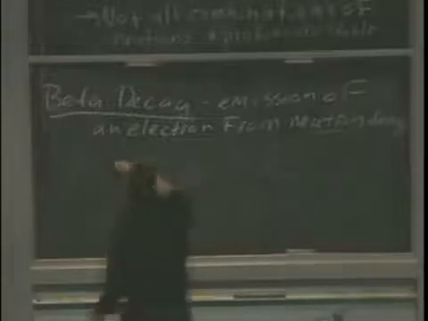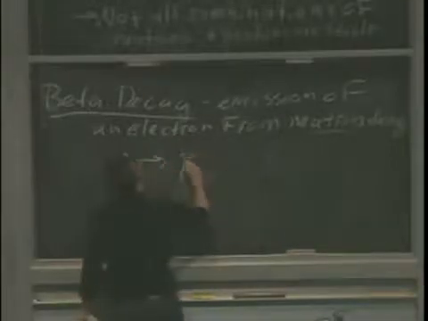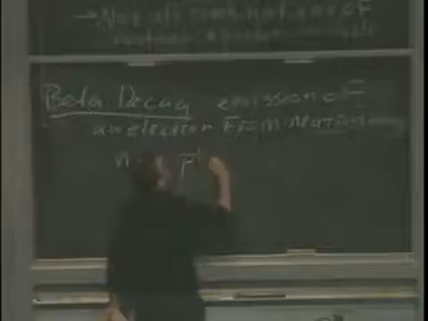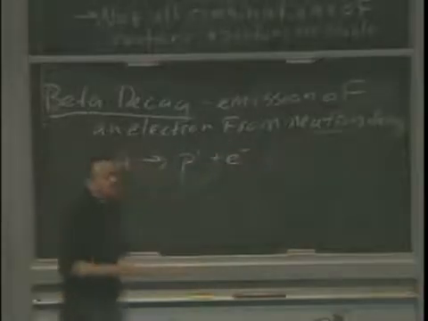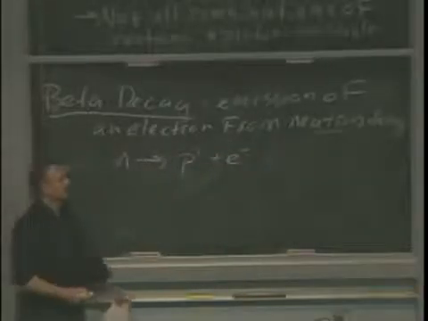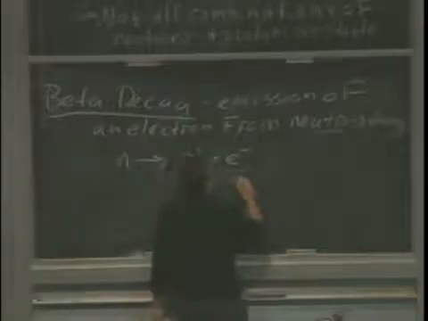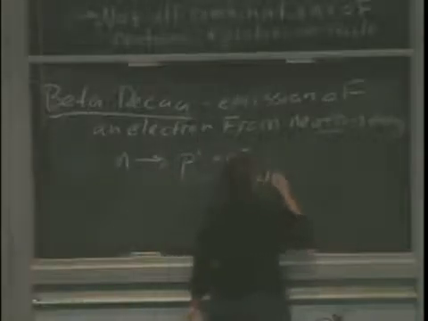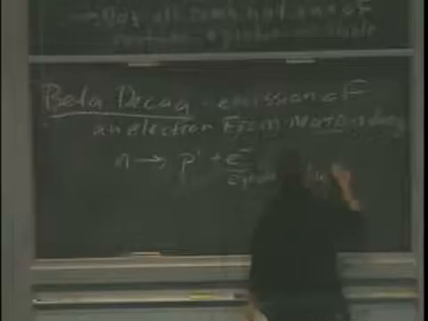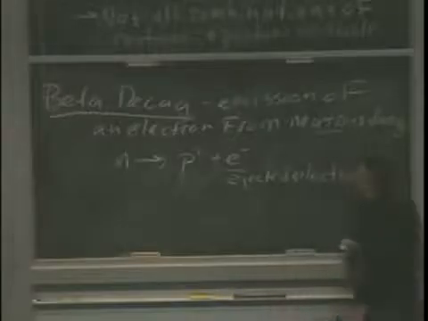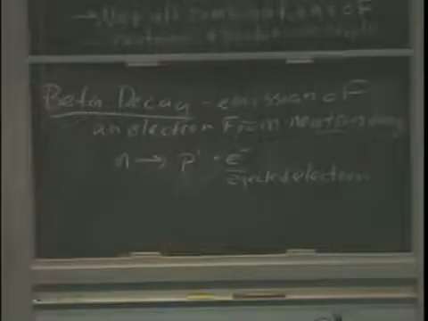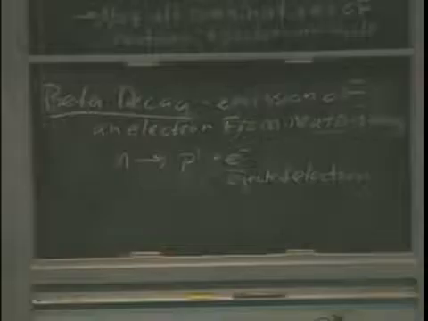So the neutron decays into a proton, which remains in the nucleus, plus an electron that gets ejected out. Okay? And it's this ejected electron which is what we characterize as the beta decay. It's the radioactivity coming out of a nucleus that has decayed.